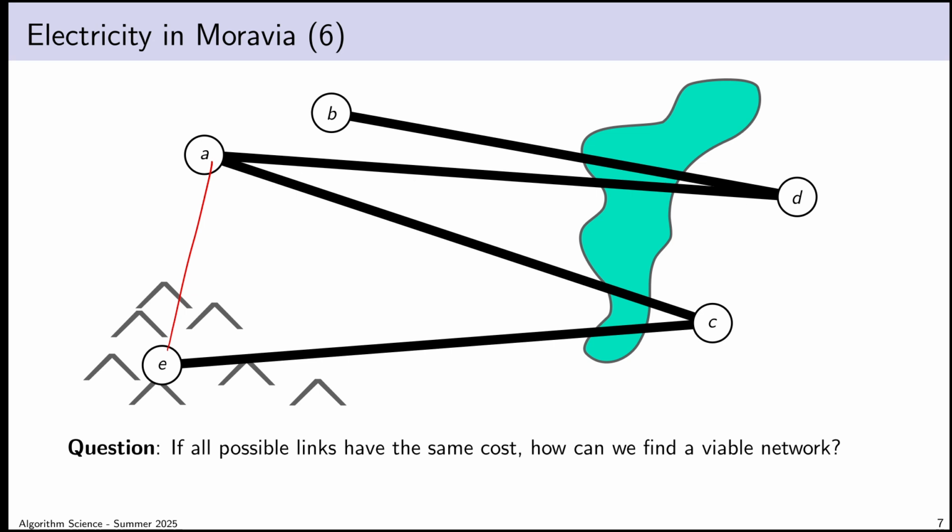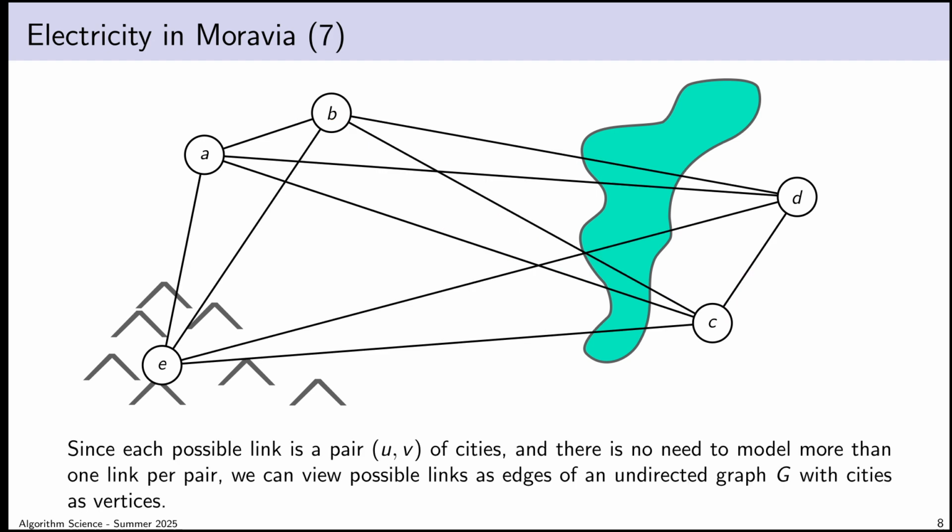If I wanted to avoid redundancy, but I just wanted some way of linking all cities together, I could just join all the cities together in one long path if I needed to do that. So every possible link is a pair of cities. Okay, well, logically that means that I could model the whole thing, the set of possible links, as a graph, where a city is a vertex and an edge represents a possible linkage.